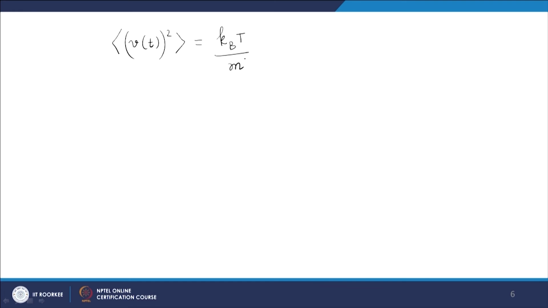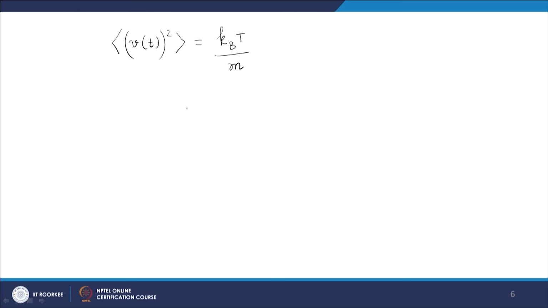It comes from equipartition, that the average of the squares of the velocity must be equal to k_B T by m, again ignoring the prefactors, and using that we can then get the expression of A. So let us get started on the derivation. I will complete in the next lecture.